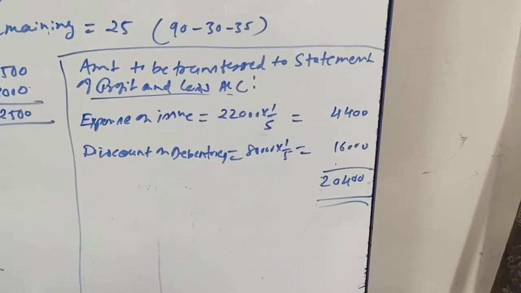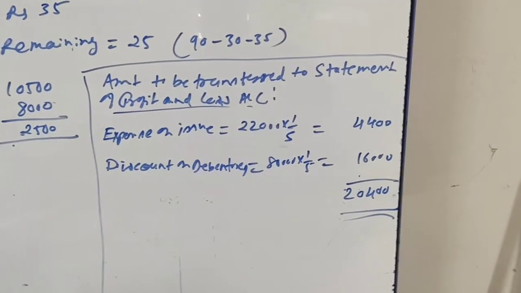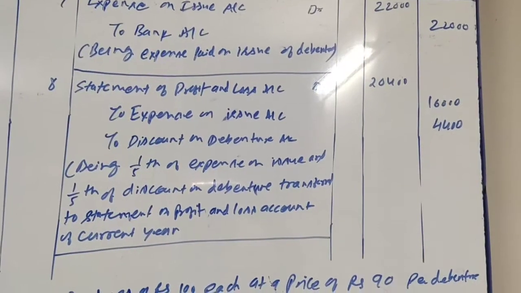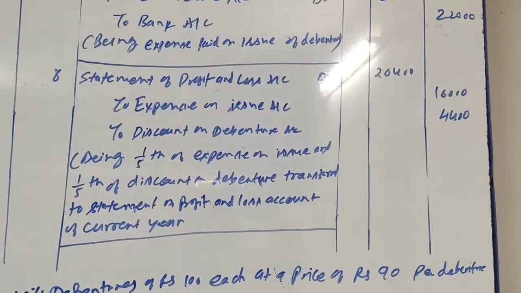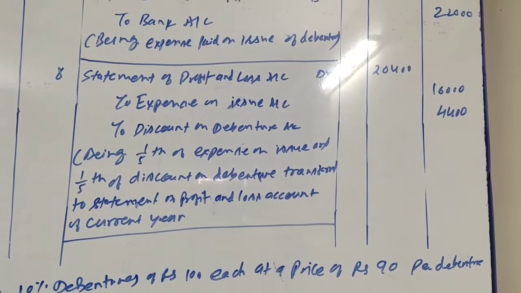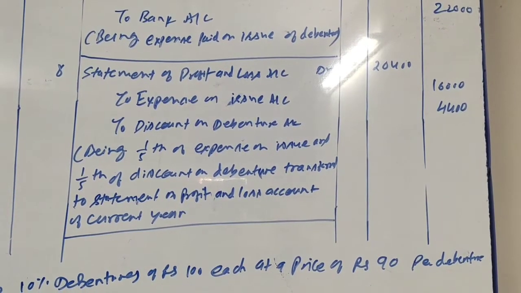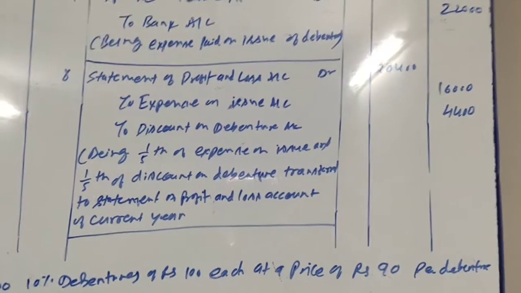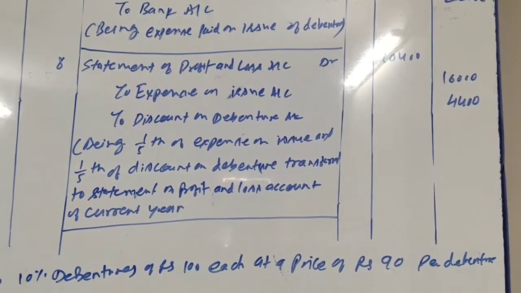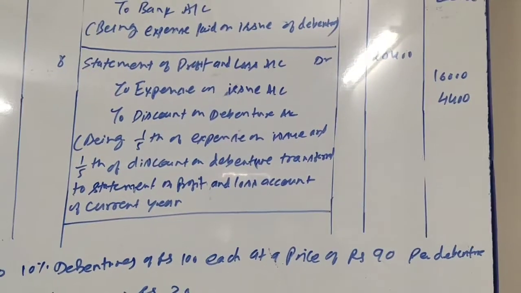Now the entry will be statement of profit and loss account debit 20,400 to expense on issue account 4,400 and to discount on debentures account 16,000, being 1/5 of expense on issue of debentures and 1/5 of discount on debentures transferred to statement of profit and loss account of the current year.